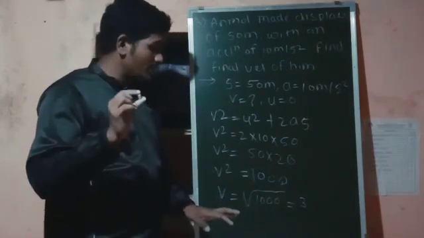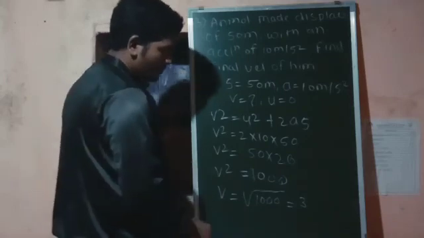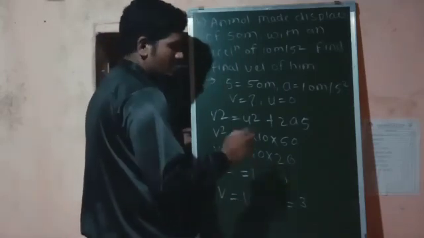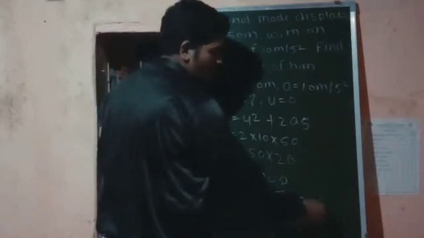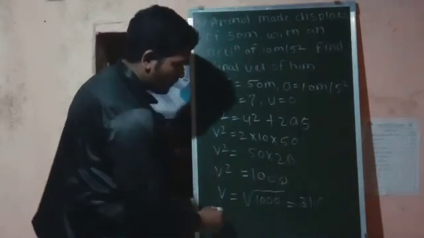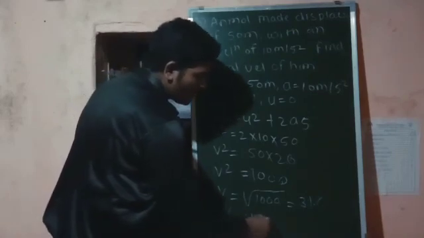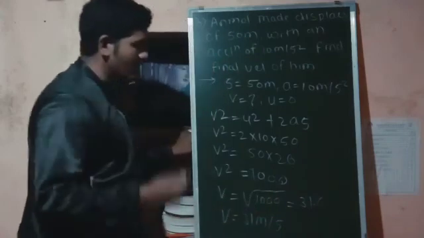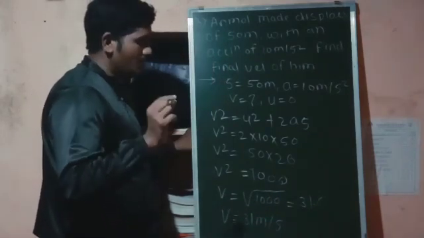Now if you have to calculate the exact value, it will be near about 3 3s are 9, and 30. It will be about 31 point something. So the final velocity will be 31 meter per second. It is the approximate answer we have written.